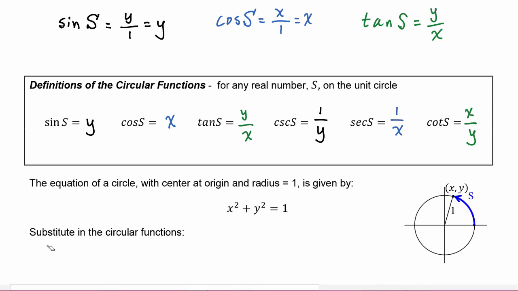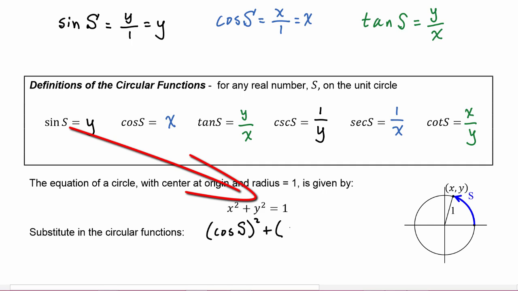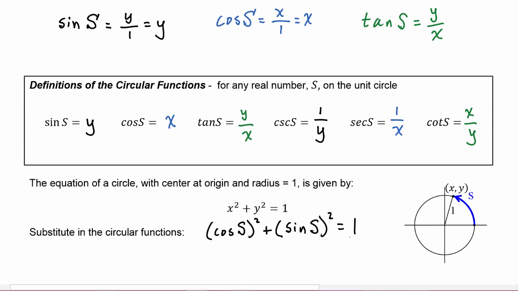Now, if we substitute in the circular functions that we just learned, instead of x we put in cosine of S, and instead of y we put in sine of S. We get cosine of S squared plus sine of S squared, and that has to equal 1.